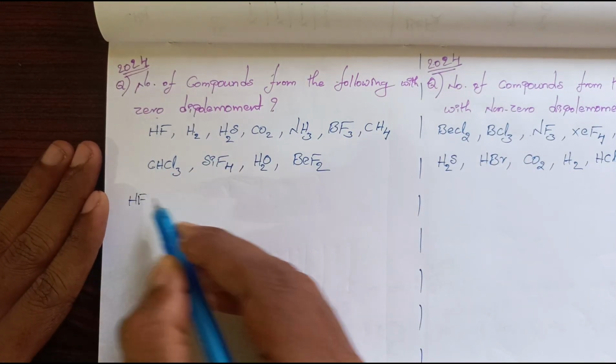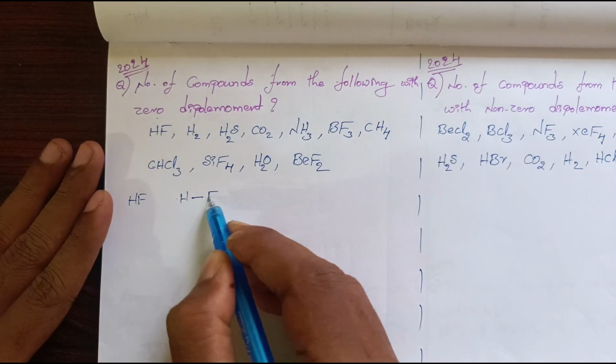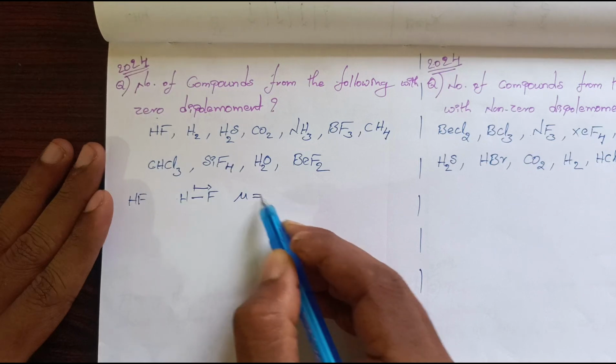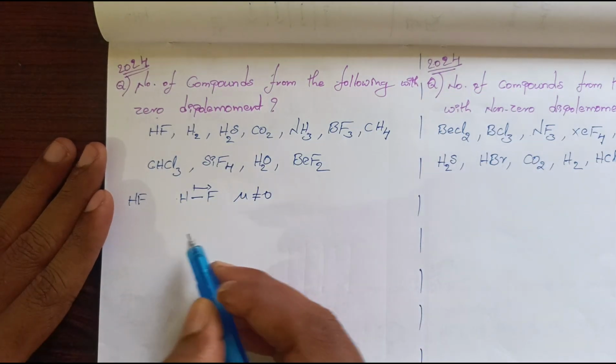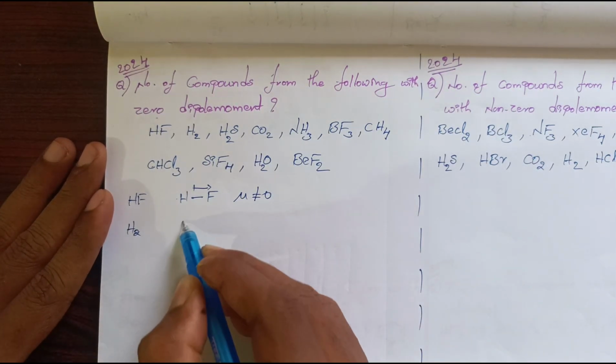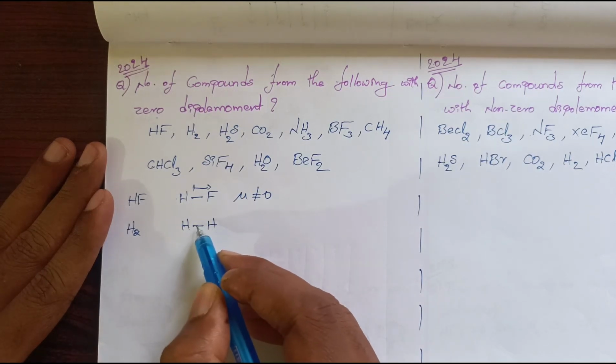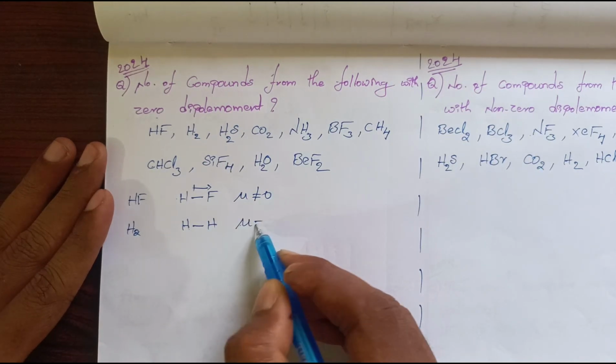In the HF, hydrogen and fluorine, fluorine is a more electronegative element, so bonding electrons fluorine side, dipole moment value not equal to 0. Next, H2, hydrogens, both are same electronegative elements, there is no any polarity, so dipole moment value equal to 0.